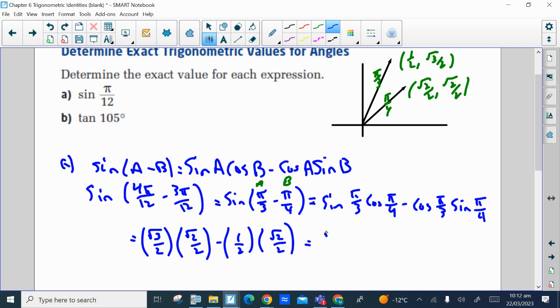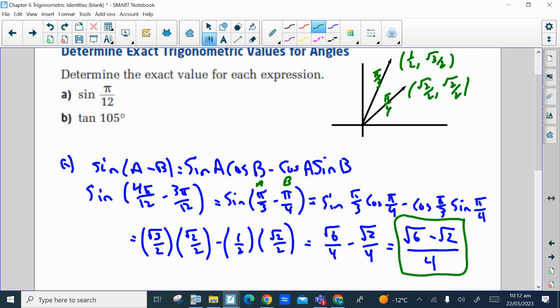So this gives us root 6 over 4 minus root 2 over 4. Because they both have a denominator of 4, you can combine them into one expression. There's your answer. That is the exact value of the sine of pi on 12 radians.